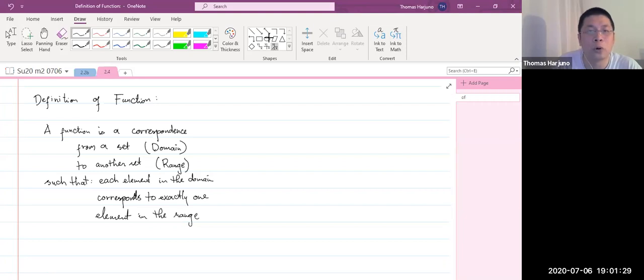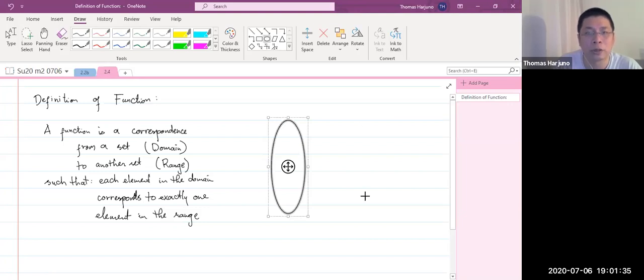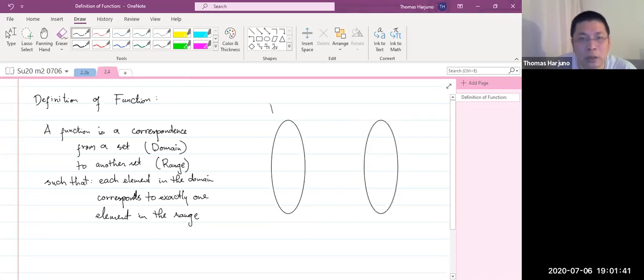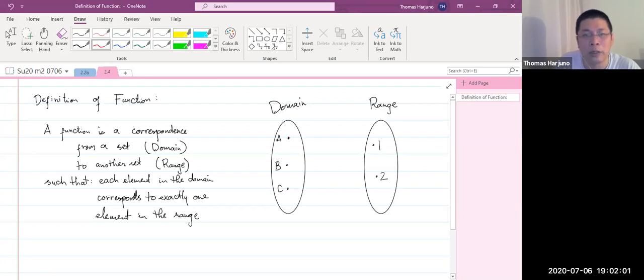Visually, suppose I have a domain and a range here. We call this the mapping method to explain. Let's say this is the domain with elements A, B, C, and in the range we have elements 1, 2. The following is the mapping of a function. Each element in the domain corresponds to one element in the range.